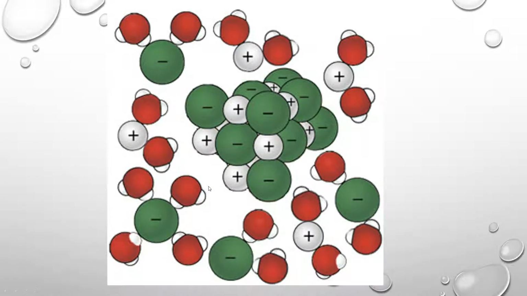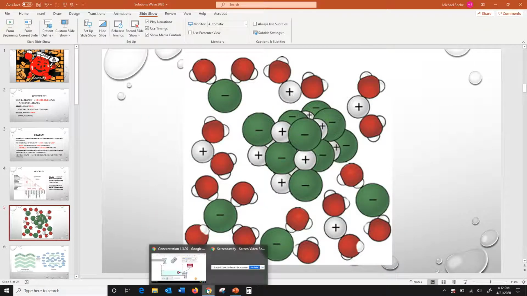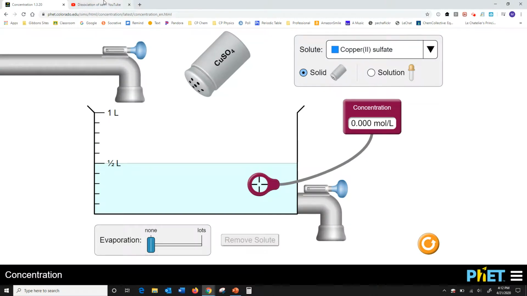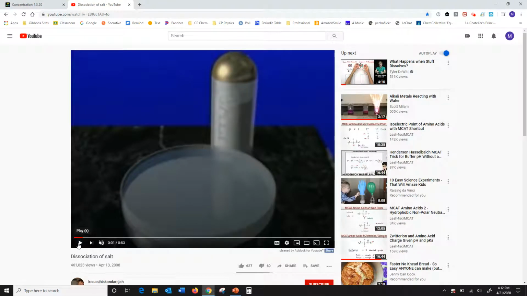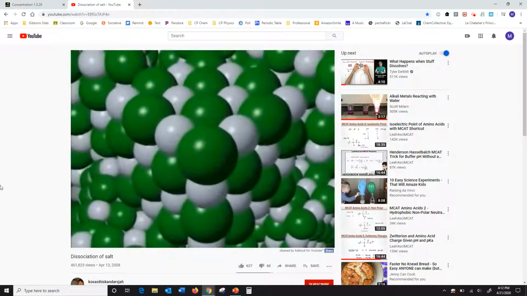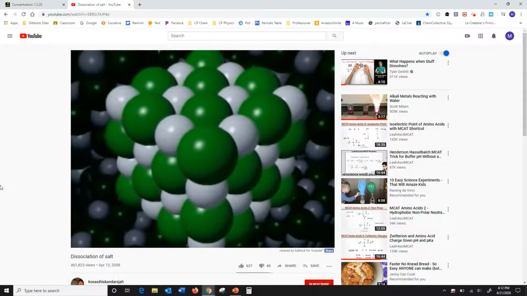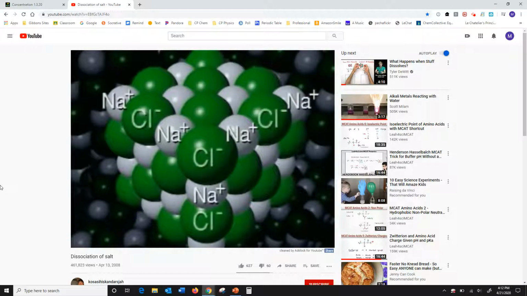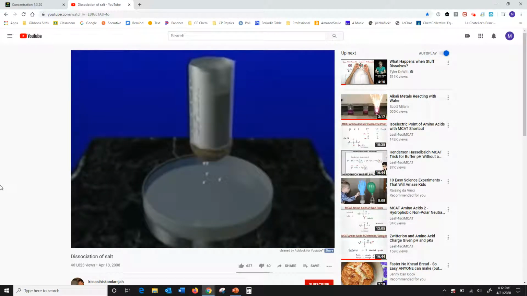Okay, so think about again when we discuss dissolving, you're going to have a situation where the pluses and minuses need to be attracted to something, and water has, because of its polar structure, pluses and minuses that are going to pull things apart. I know I've shown this to you before. It's coming back again.